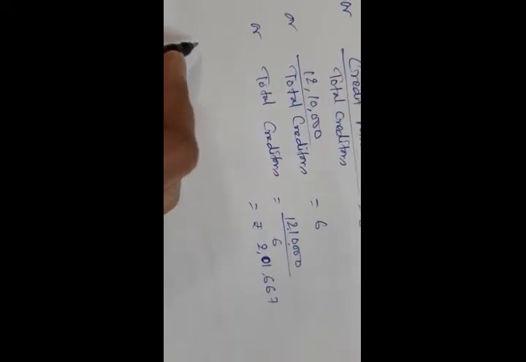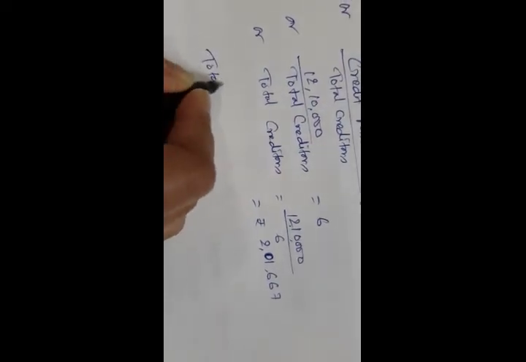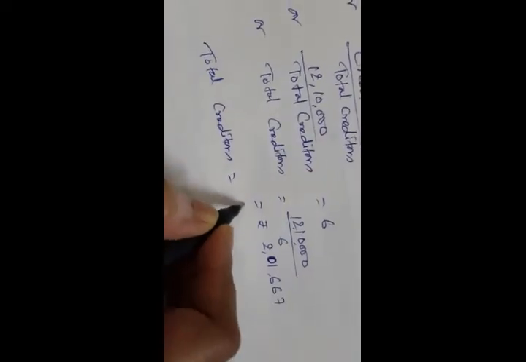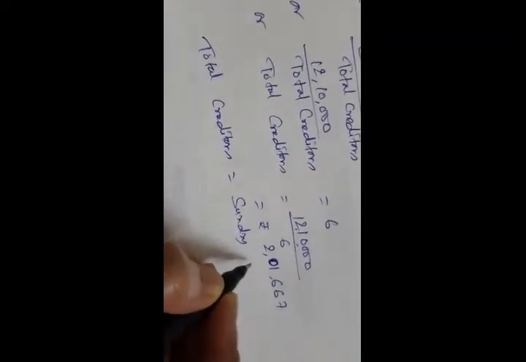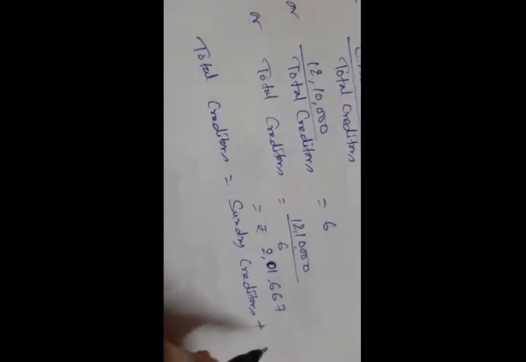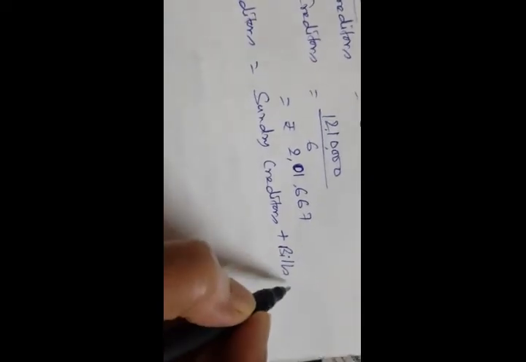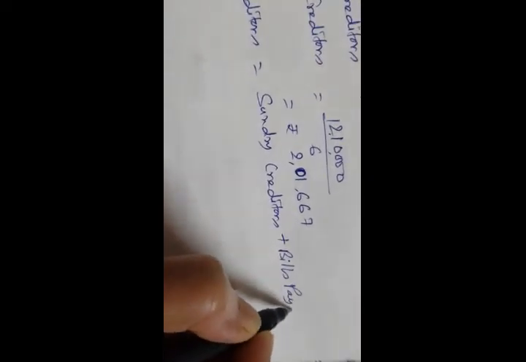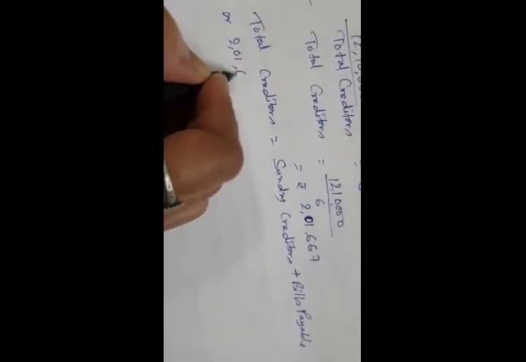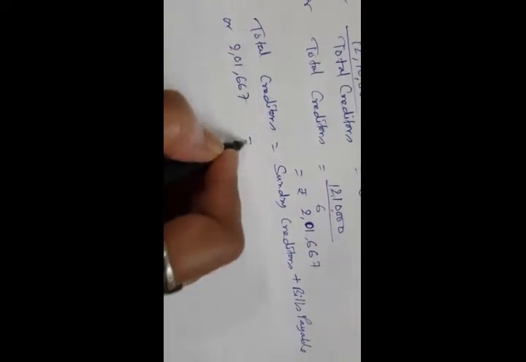Now again I am breaking the total creditor. Total creditors is equal to sundry creditors plus any payable, here it is bills payable. Total creditors we have computed, it is 2,01,667.